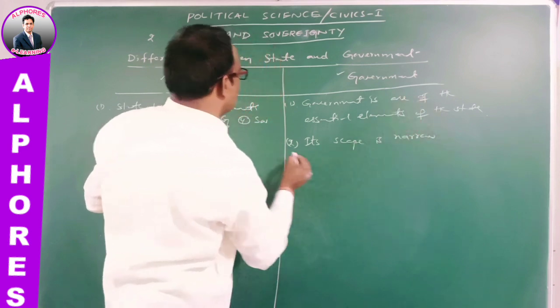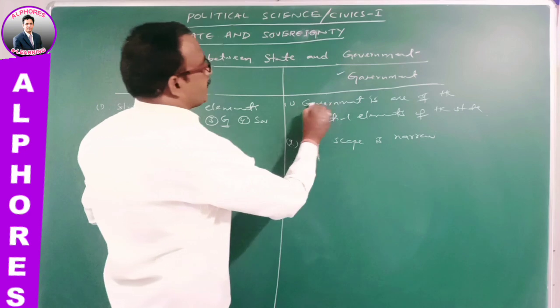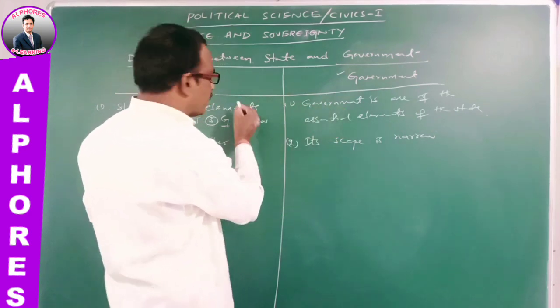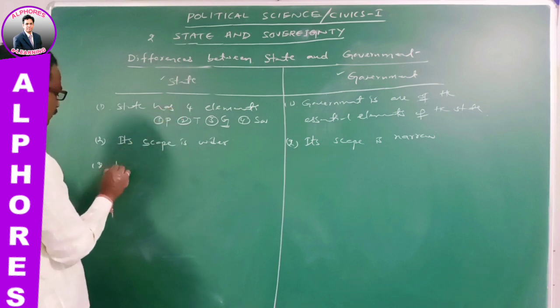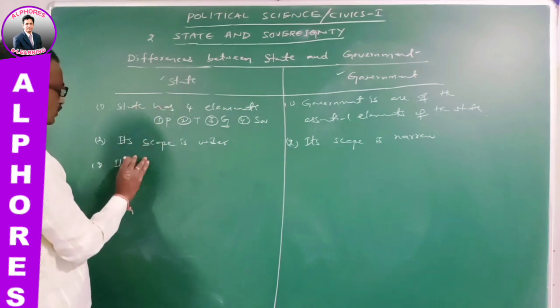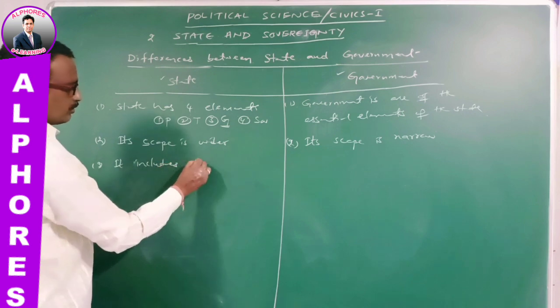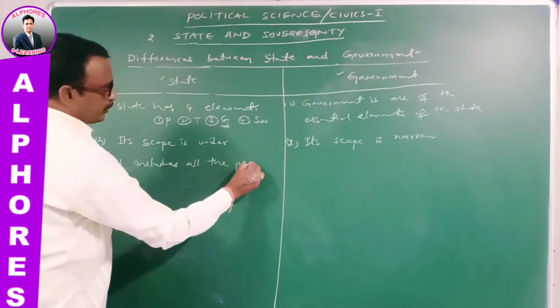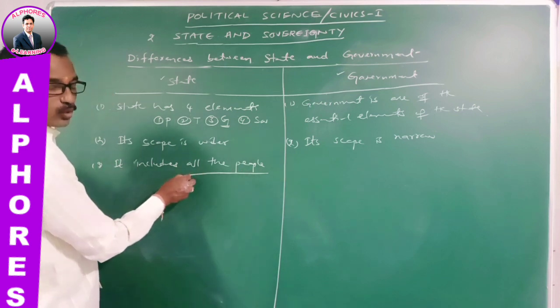What is the reason? The state has four elements. Government is a part of the state. And one more thing, the state includes all the people. Here all the people means the people are divided into two categories: ruled and rulers.